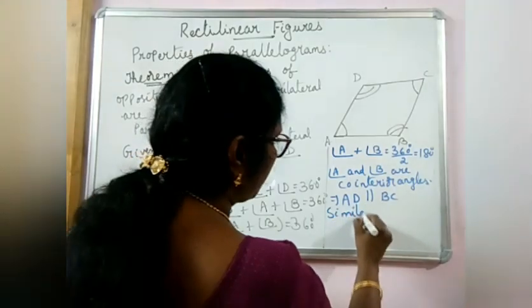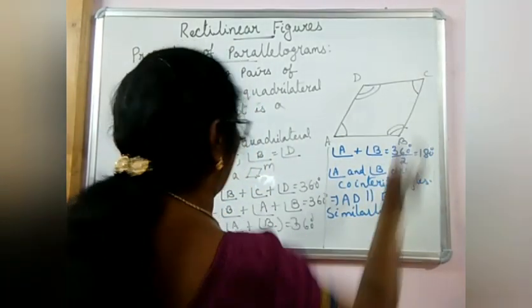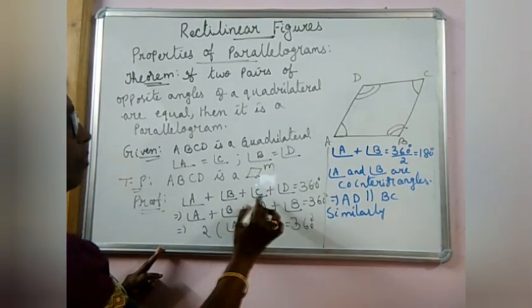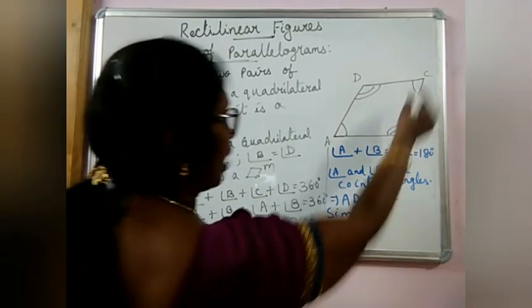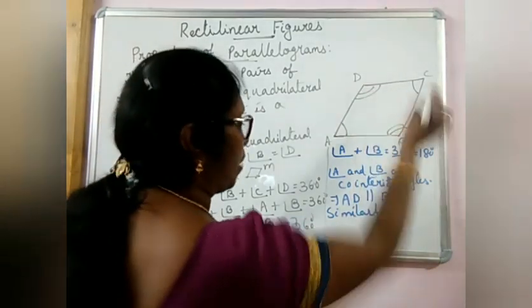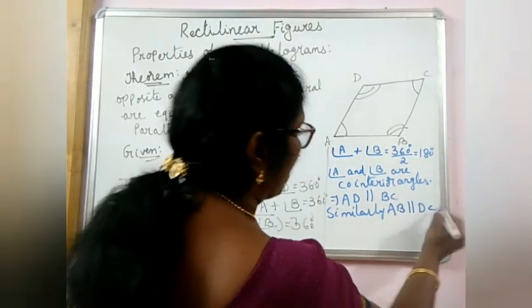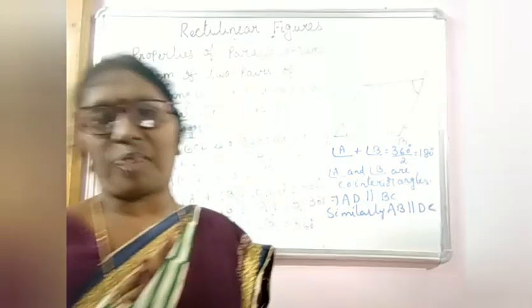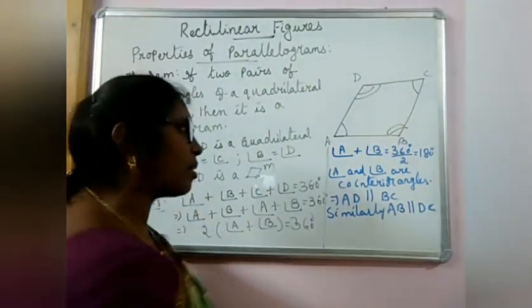Similarly, you can show that angle B plus angle C, in place of A you can write angle C, in place of D, angle B, we will get angle B plus C is 180, which means AB is parallel to DC. And already you have learned that if both the pairs of opposite sides of a quadrilateral are parallel, it is a parallelogram.